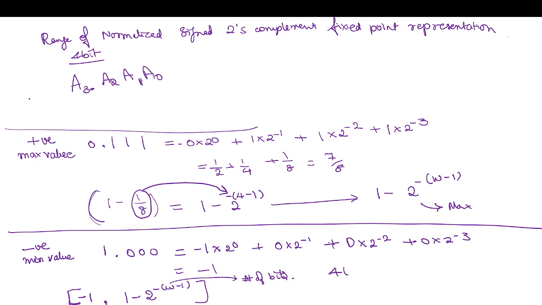So for 4 bits it is minus 1 to 1 minus 2 to the power minus 3, so you can see it will be minus 1 to 1 minus 1 by 8. Clear? Any doubts?